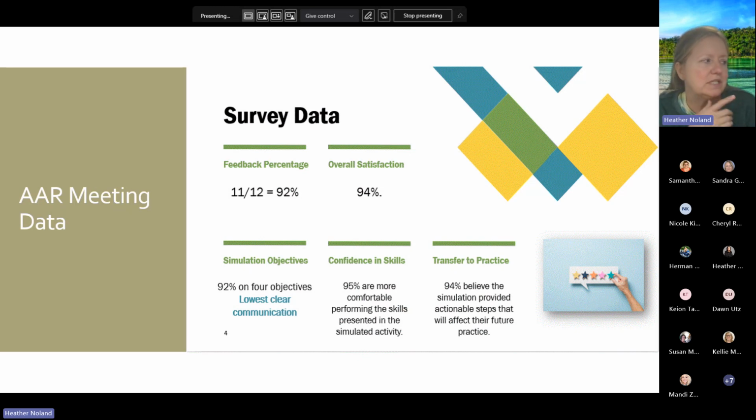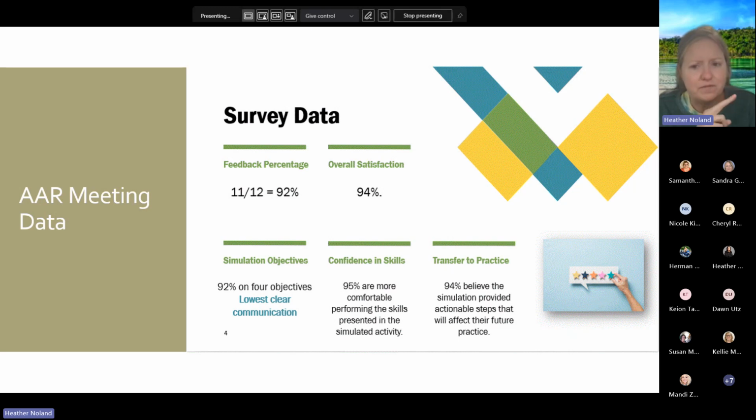And so you will see on this simulation case that they rated their satisfaction at a 94%. Their simulation objectives, so there were 4 objectives, they rated at a 92%.